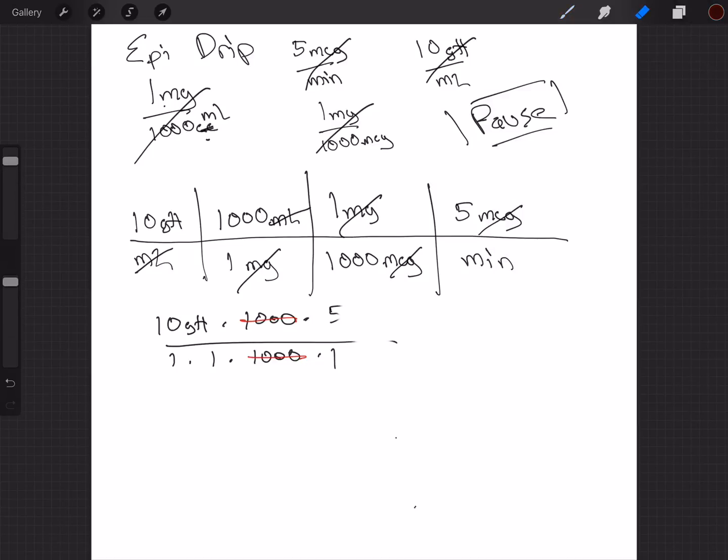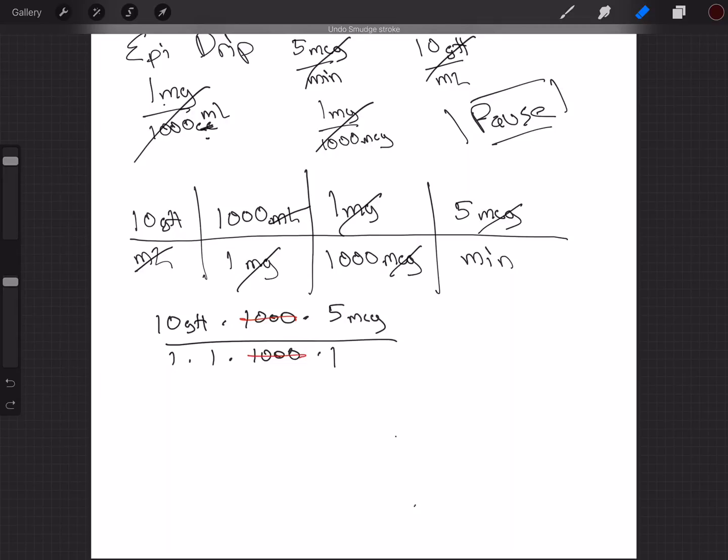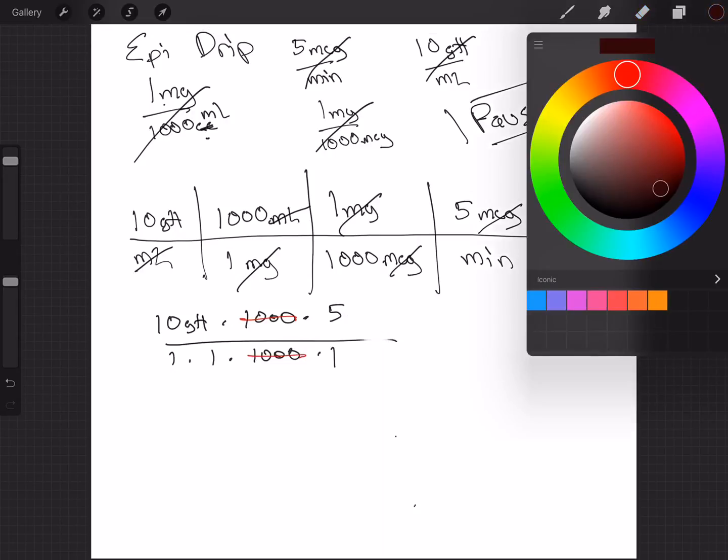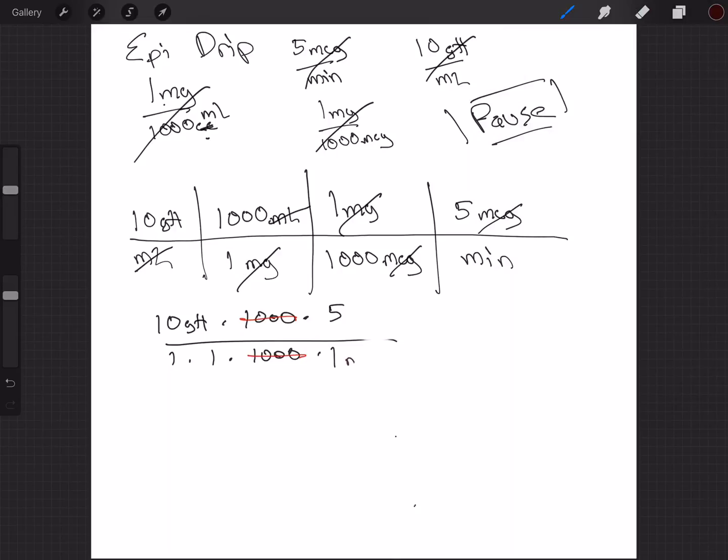Oh, sorry about that. I didn't mean to put that micrograms back up there. My bad. So we cross those out. We got 10 times 5, which is 50 drops per minute.